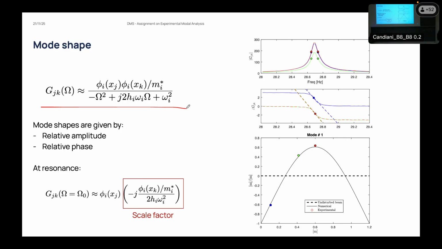But in practice, what you have to do is, for each point you are monitoring, compute the frequency response function at the natural frequency, and extract the imaginary value. Then you normalize everything by a common factor. Usually you would identify the maximum and say, okay, let's put the maximum equal to 1, and that scale factor can be applied to all, just to reconstruct the shape.